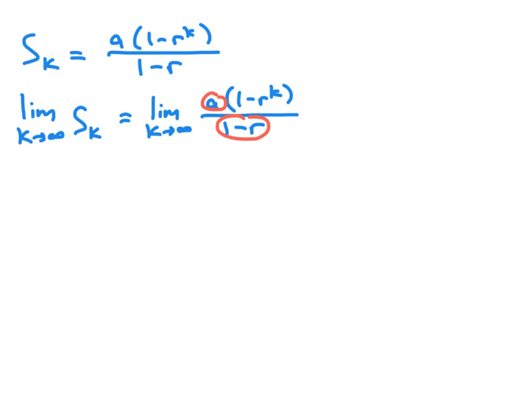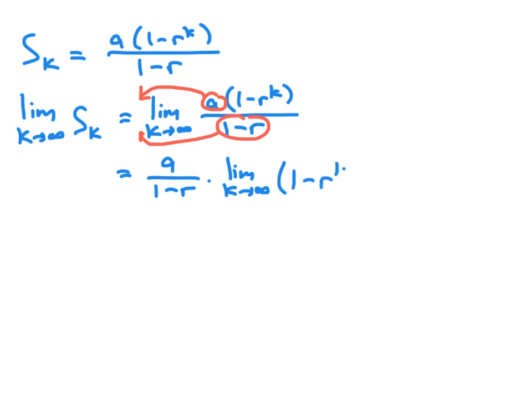A and r are the values that we get from our geometric series, and so when we're looking at a particular geometric series, these are fixed numbers. And so because they are constants, we can use limit laws to bring these out in front of the limit. And so we get a over 1 minus r times the limit as k goes to infinity of 1 minus r to the k.